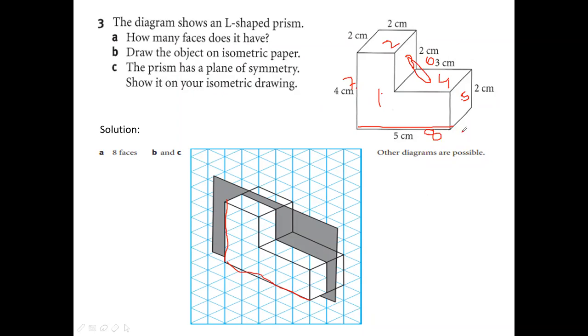Then if it is 2 centimeters here, what about this edge? It is also, of course, 2 centimeters only. So here I will take 2 centimeters. 1, 2. Now come to this part. How many centimeters is it? 1, 2. 2 only.